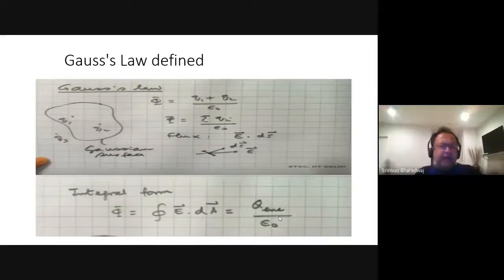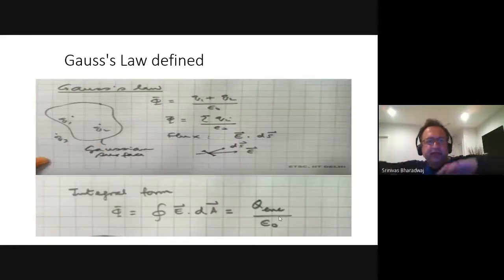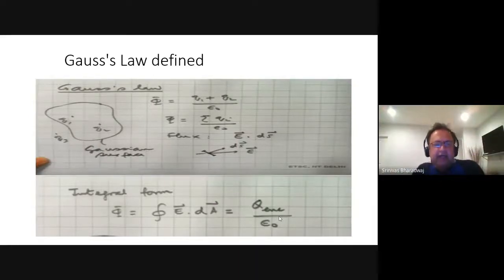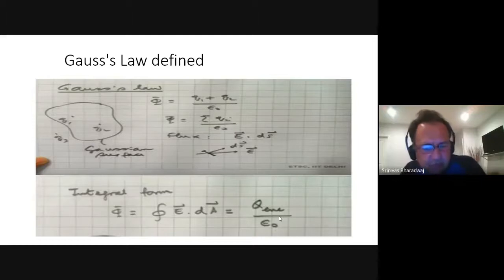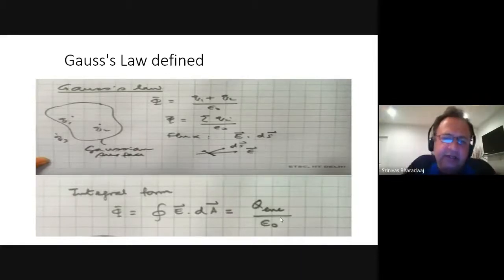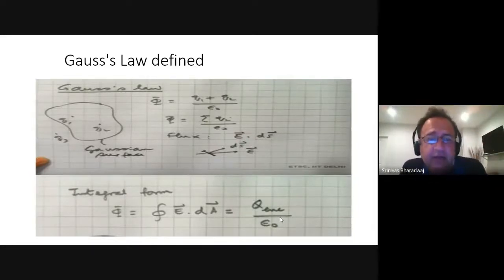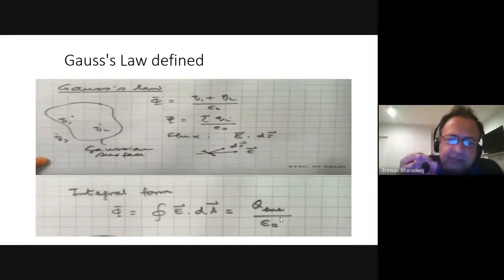You can create any kind of surface. Gauss's law deals with imaginary surfaces that you create. What Gauss's law states is that if you do E dot ds over the full surface, over any closed surface, the net result of all that E dot ds over the whole closed surface will equal the enclosed charge divided by the constant epsilon naught.